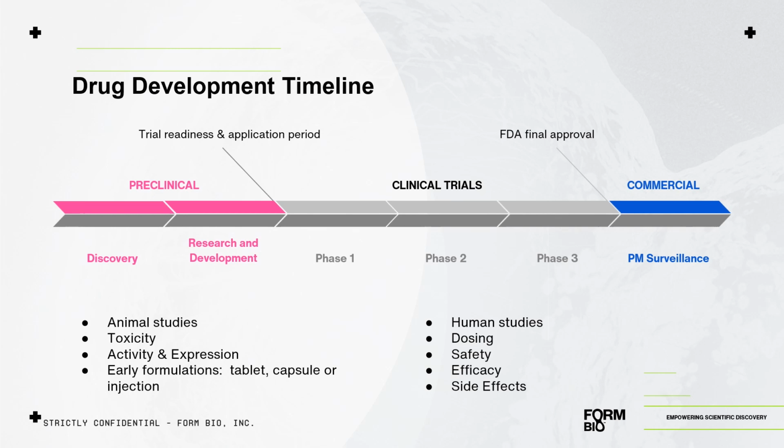If the preclinical phase is successful, we continue with the clinical trials involving patient enrollment and human studies, with the goal to make sure that the therapy is safe and effective, and we also try to better understand some of the side effects of those therapies.